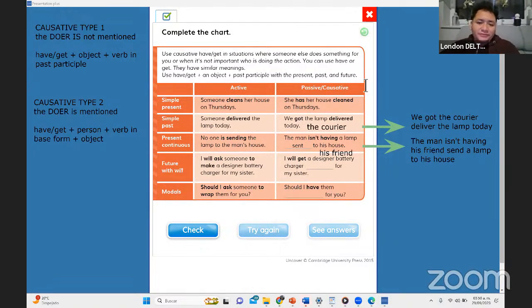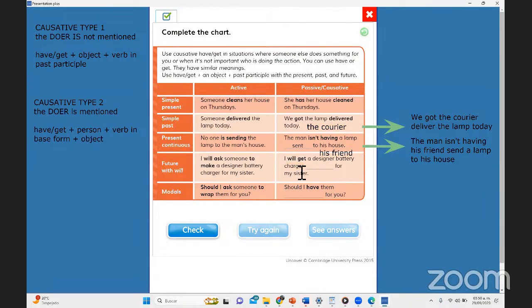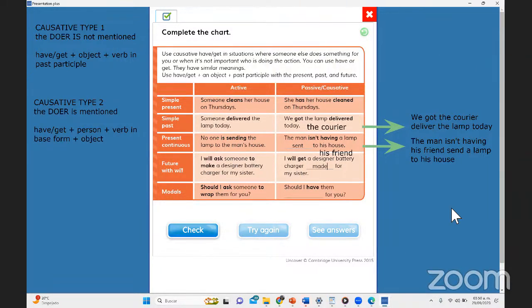Okay. Please, Cesar, can we read the next sentence? Yes, I will ask someone to make a designer battery charger for my sister. I will get a designer battery charger made for my sister.